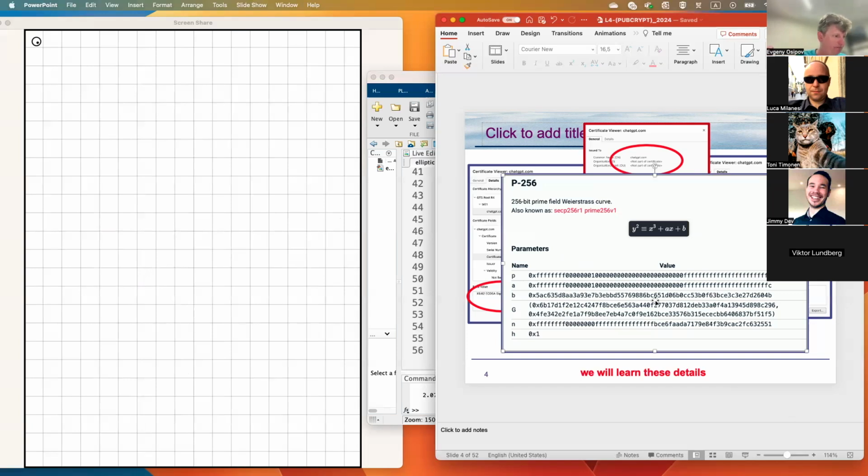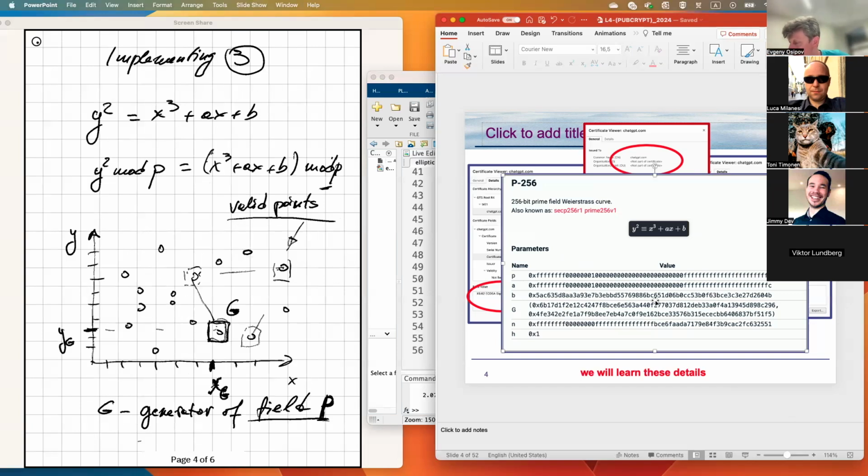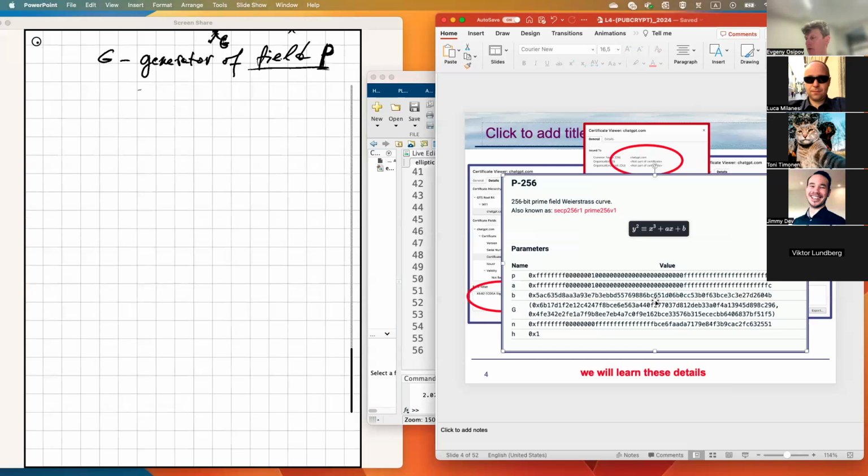Before all, I want to return to this figure and say what the security principle would be.